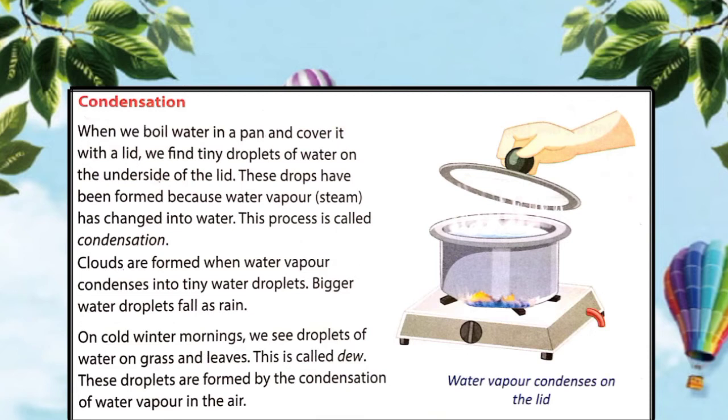Clouds are also formed when water vapor condenses into tiny water droplets. Bigger water droplets fall as rain, and on a cold winter morning we see droplets of water on grass and leaves, and this is called dew, and these droplets are formed by the condensation of water vapor in the air.